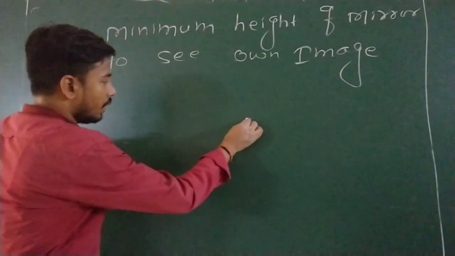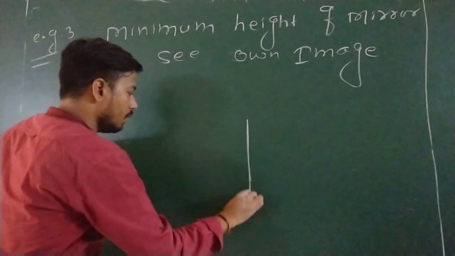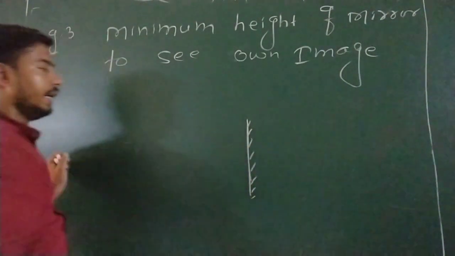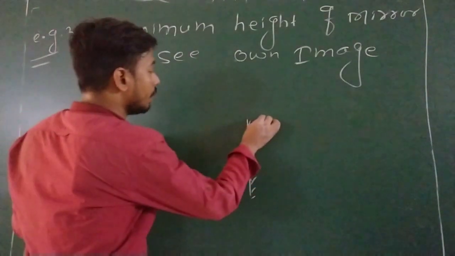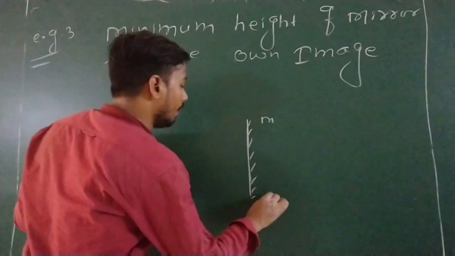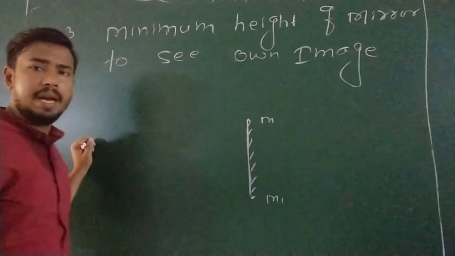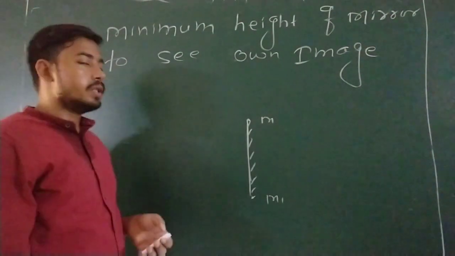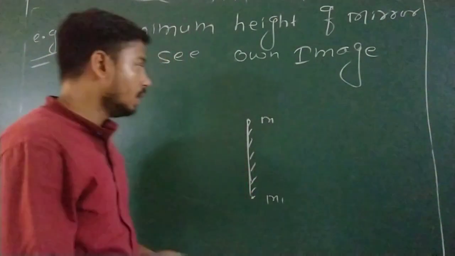So suppose this is a mirror, and this is the height of the mirror, because we are going to calculate it. You can take any height of mirror. Suppose this point is M, this point is M dash, so M M dash is the mirror. I told you light must reach your eye.